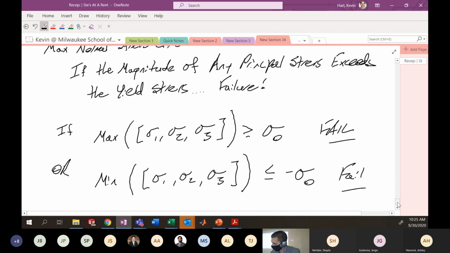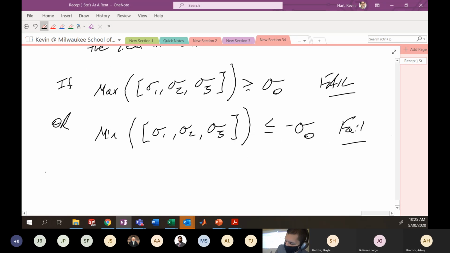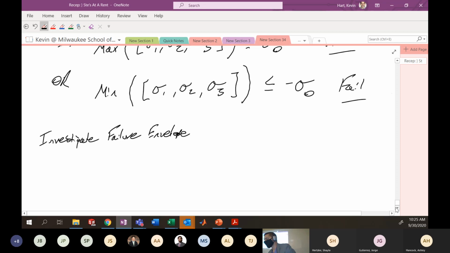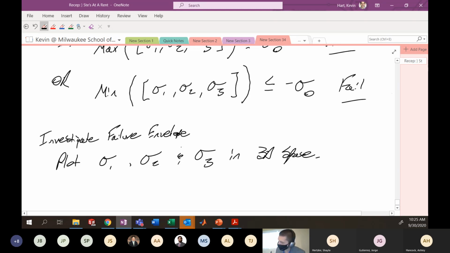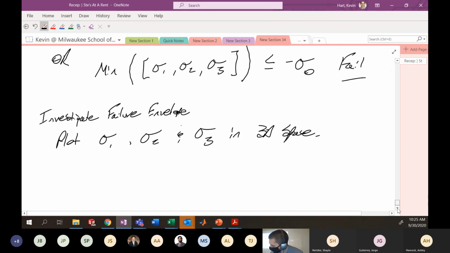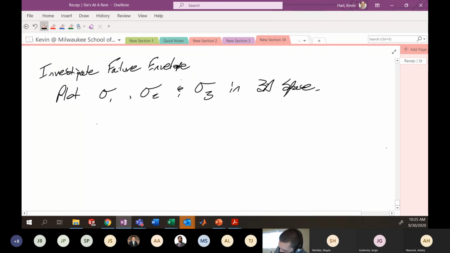So let's look at what the failure envelope looks like for this. Let's investigate the failure envelope. What we're going to do here is plot sigma 1, sigma 2, sigma 3 in 3D space. So here we go.